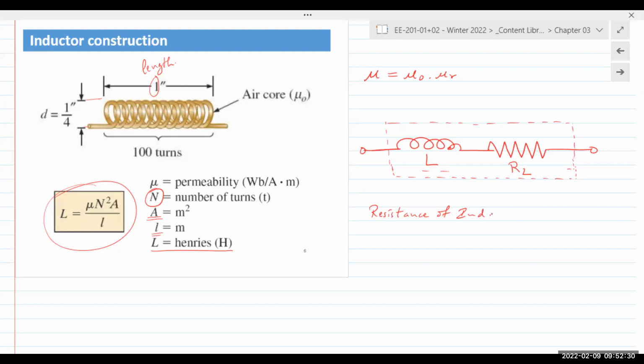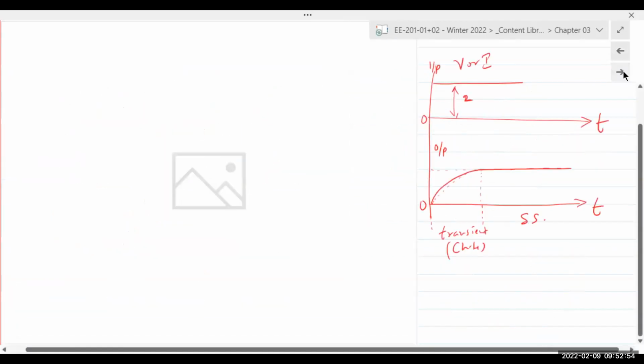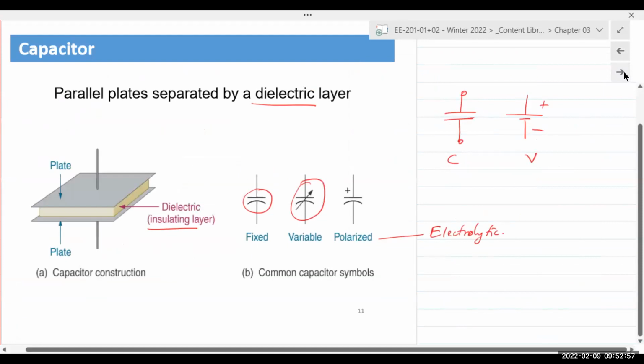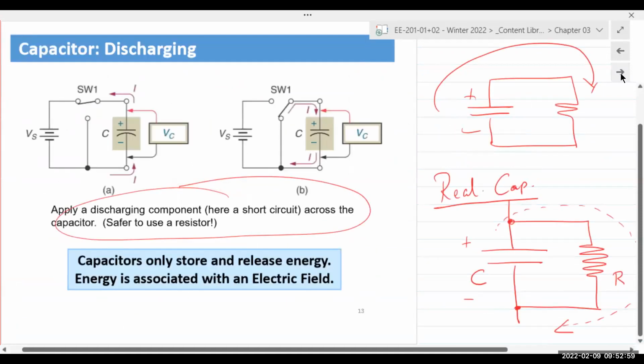Anyway, that was the real life inductor. Again, for 201, the circuit analysis we perform is all based on ideal inductance. We don't have to worry about the resistive portion of that inductance. All right. But a real life inductor has a resistor in series, and a real life capacitor has a resistance in parallel. Okay.